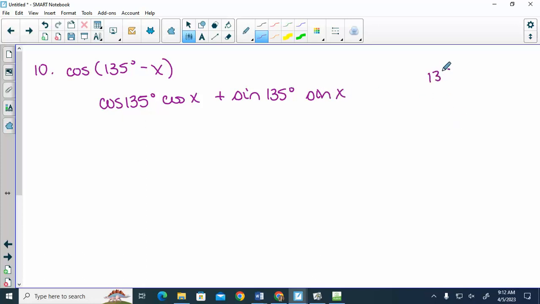Let's talk about the 135. What quadrant is that from? Reference angle 180 minus 135 is 45. In quadrant 2, is cosine positive or negative? And the cosine of 45?